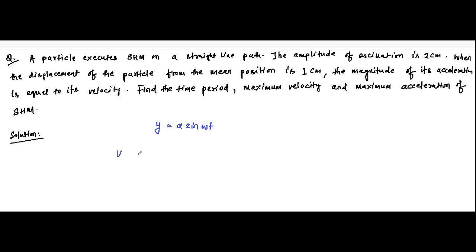So velocity is the derivative of displacement with respect to time, so it is a omega cos omega t. Further simplifying, a omega into root of 1 minus sine square omega t, because cos omega t we can write as root over cos square omega t.